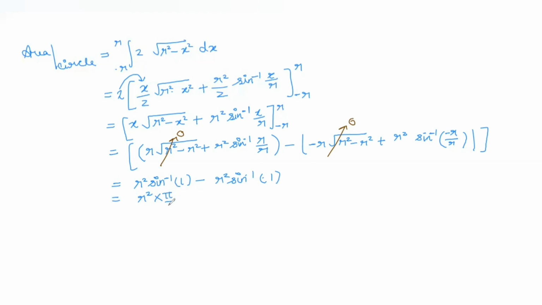So r square into pi by 2 minus r square into minus pi by 2, since it is minus 1. Now evaluating further, we'll get pi r square by 2 plus pi r square by 2. Now evaluating this expression further, ladies and gentlemen, we get the area for the circle.